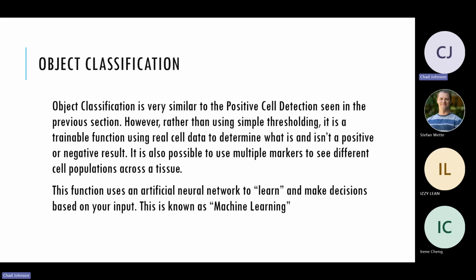Now, the object classification is a trainable function which uses real cell data to determine what is and isn't positive or negative.